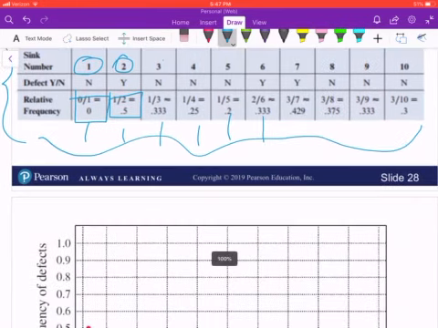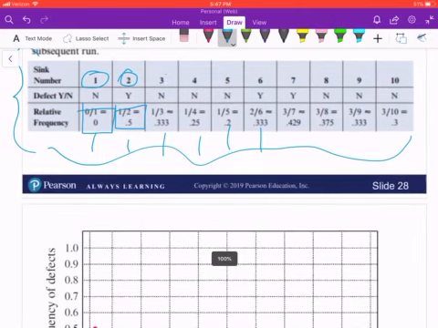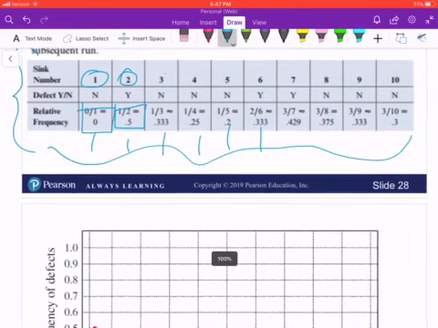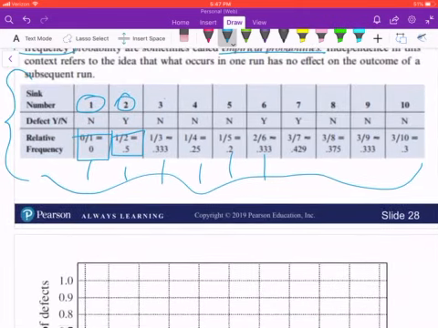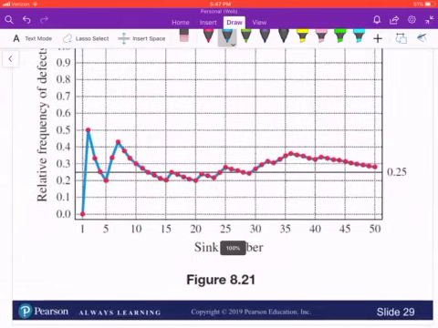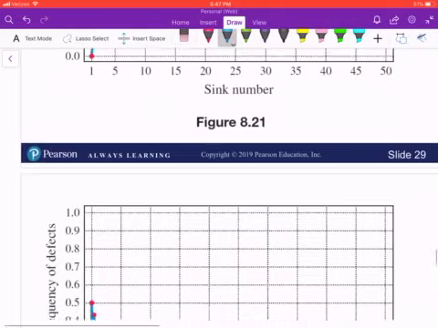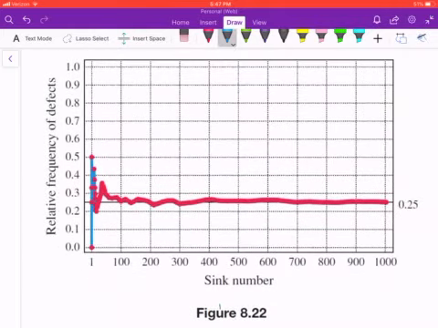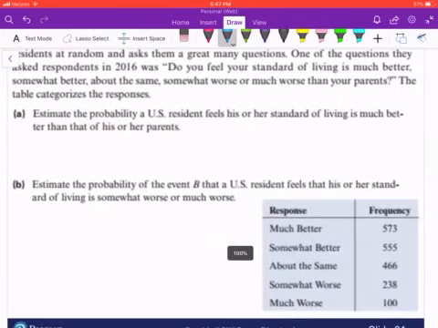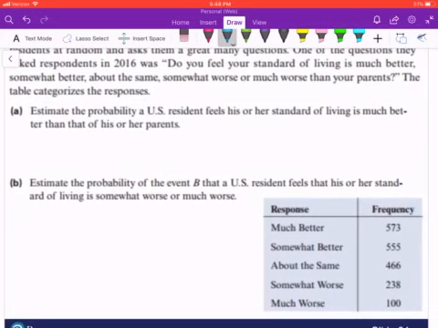And those require analyzing trials, outcomes, and of course condensing the data, and sometimes they are plotted in graphs, such as this one. Now, the last example talks about a survey.